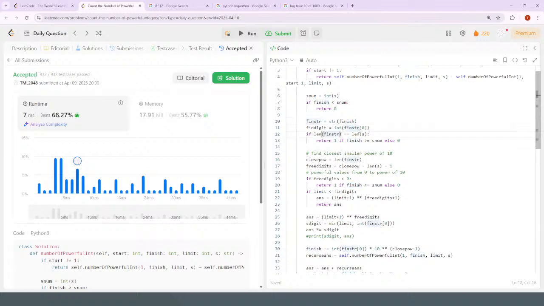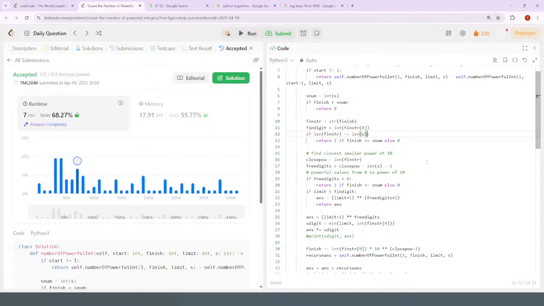If the length of the string is smaller than or matches the length of the suffix, then that's just a trivial case. Return 1 or not. And the closest power of 10 times find the number of free digits. If there are no free digits, then return 1.